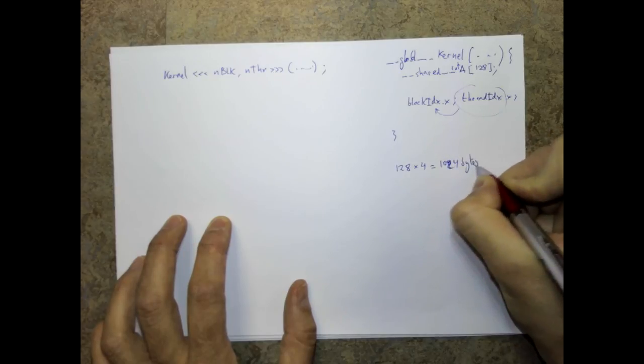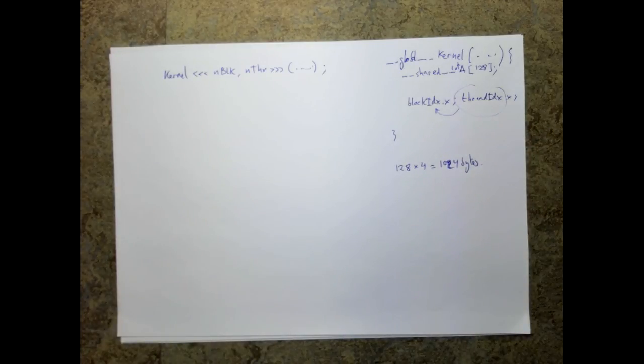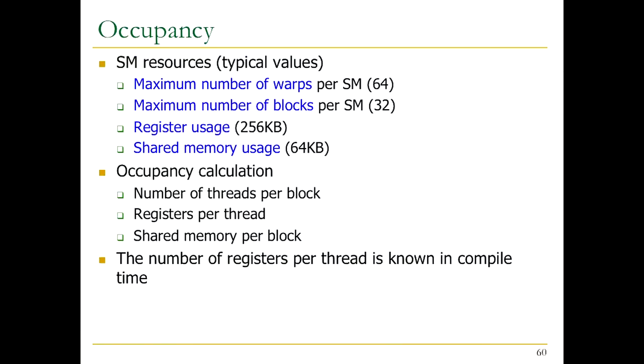1024 bytes, right? So now, if we go back to the slide, you see each of our thread blocks needs 1 kilobyte. So how many thread blocks could we execute in one SM if in each SM we have 64 kilobyte? Up to 64, right?